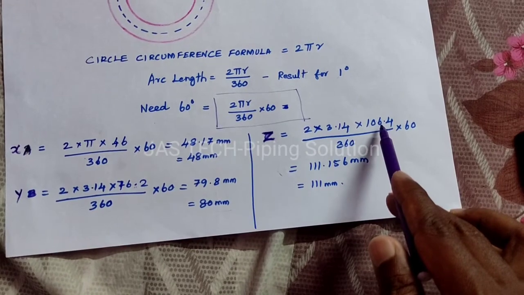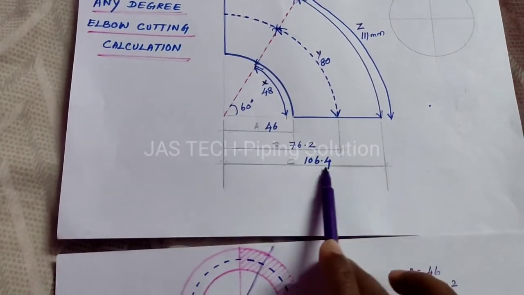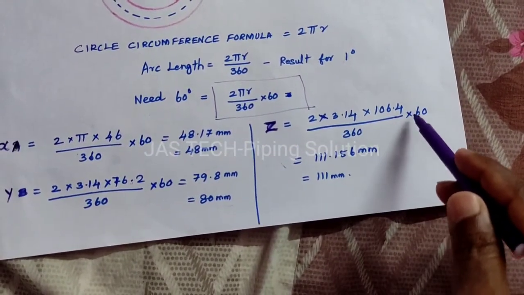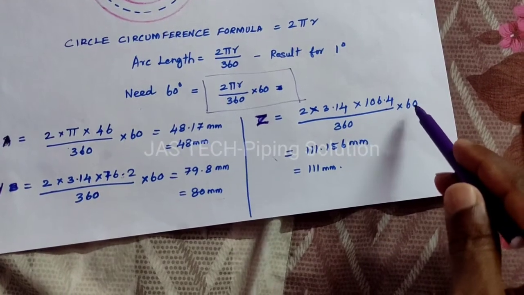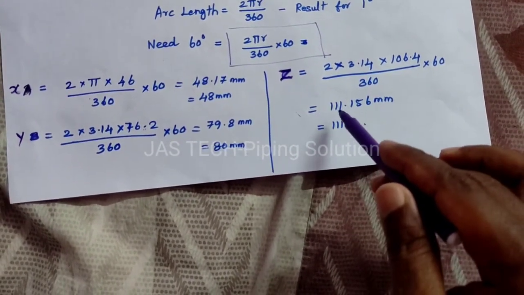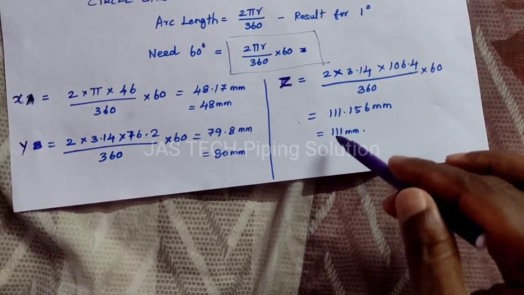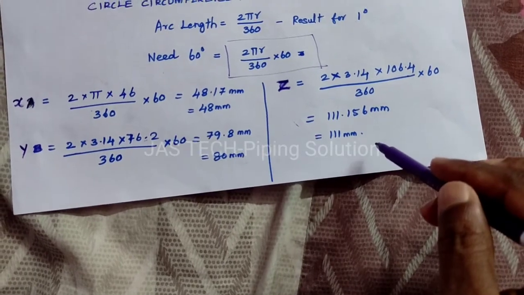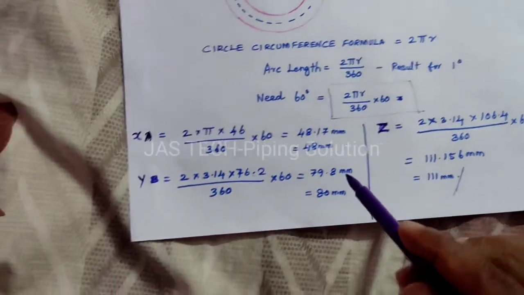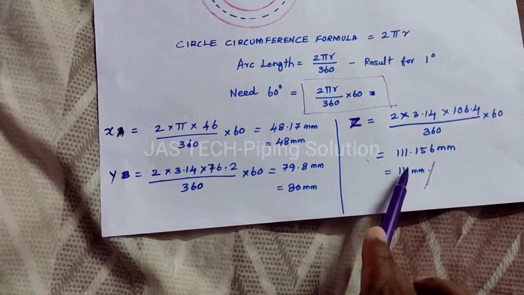This r value is 106.4, this distance. 106.4 divided by 360 multiplied by degree 60. By using calculator, answer will come 111.156 mm, rounded off 111 mm. So we know the 3 distances: X 48 mm, Y 80 mm, Z 111 mm.